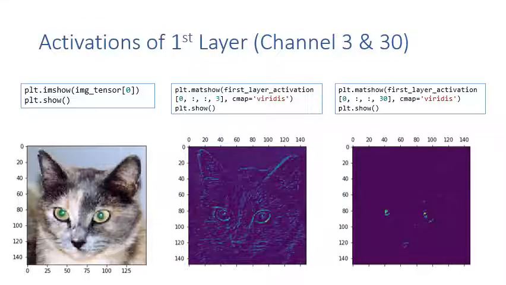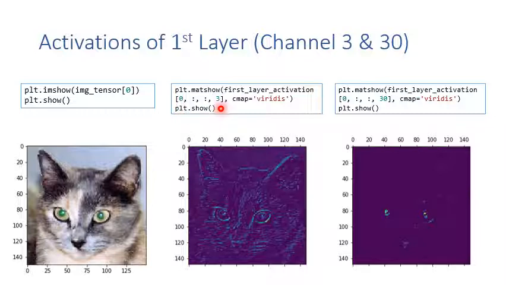Here are the activations of the first layer, channel 3 and channel 30. The input image, cat 1700, is shown here, and we visualize the output of the channels of the first layer.